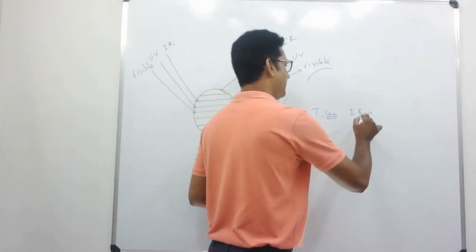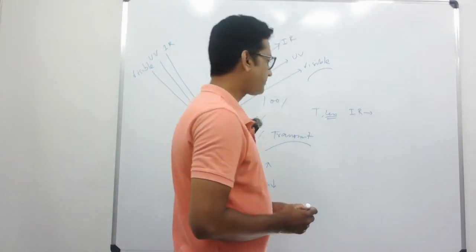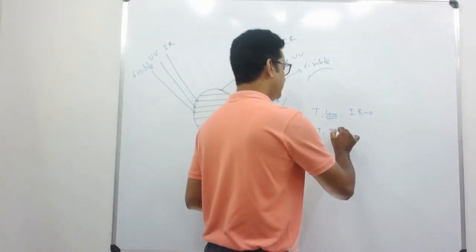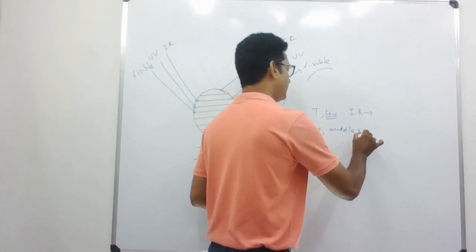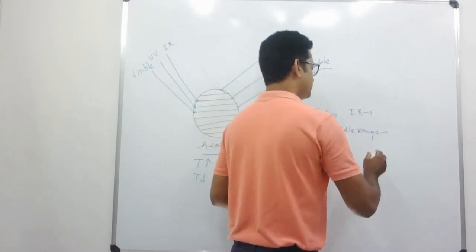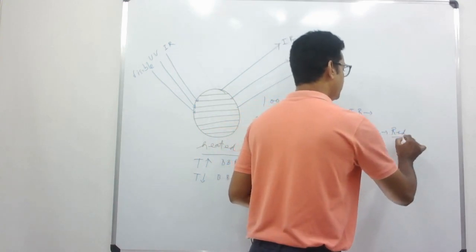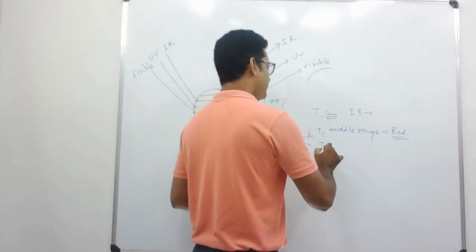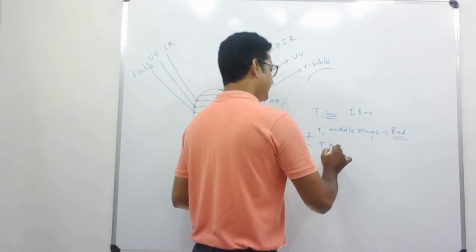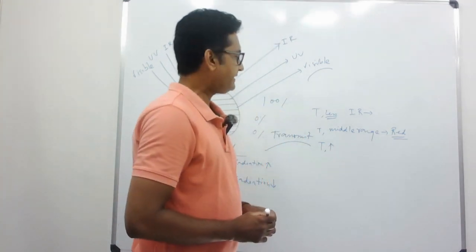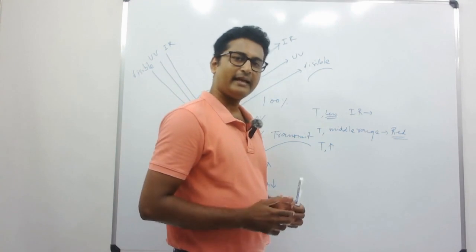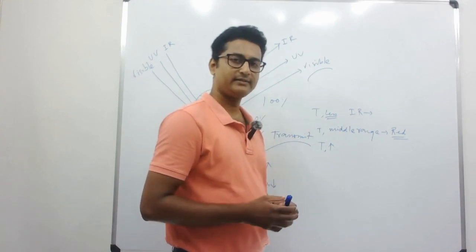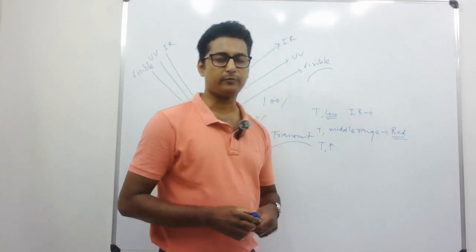infrared would come out from the black body. When temperature is in the middle range, some red light would come out from the black body. If temperature is increased more, then blue light or greenish blue light would be observed from the black body.